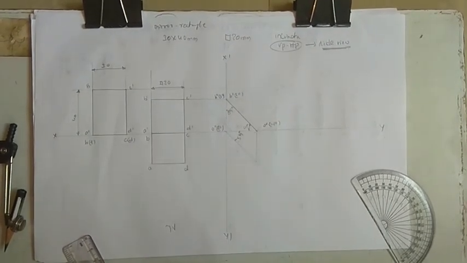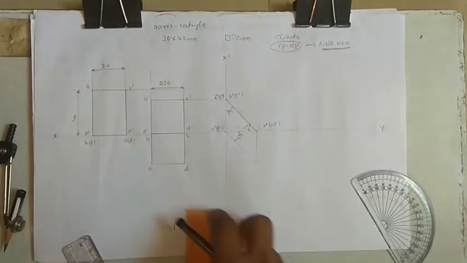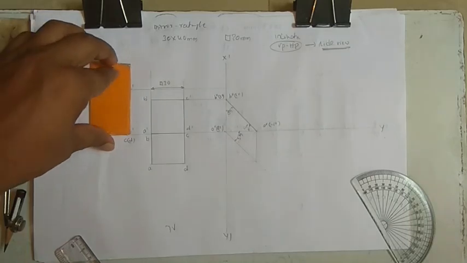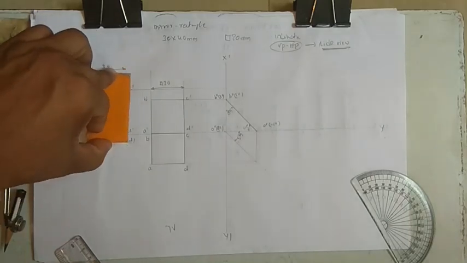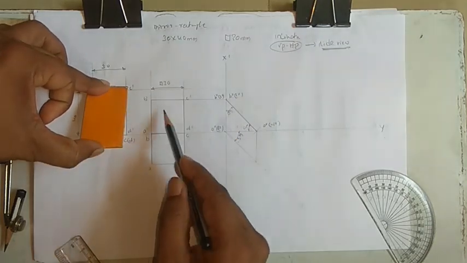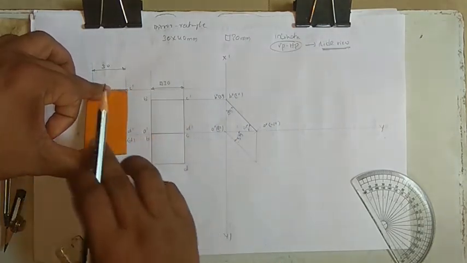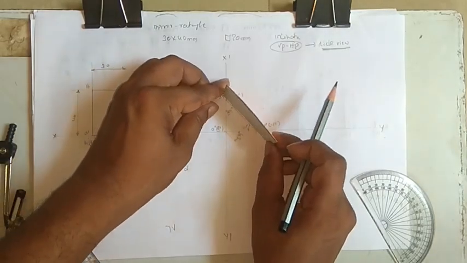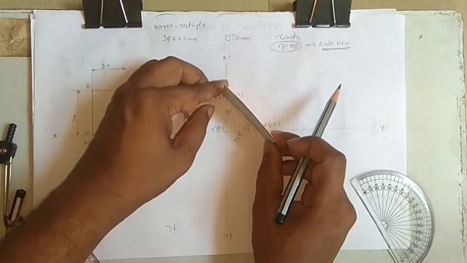Okay, so what we did: we have taken a rectangle. Just to make an inclination with the wall, we dragged it in such a way that this rectangle looks like a square of 30 mm here. So when you see from the side, when we dragged it, it looks like a line inclined to both HP and VP.